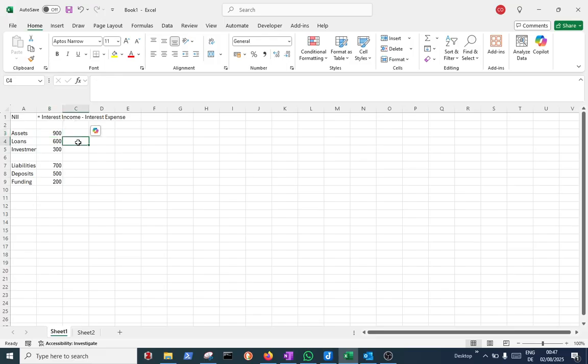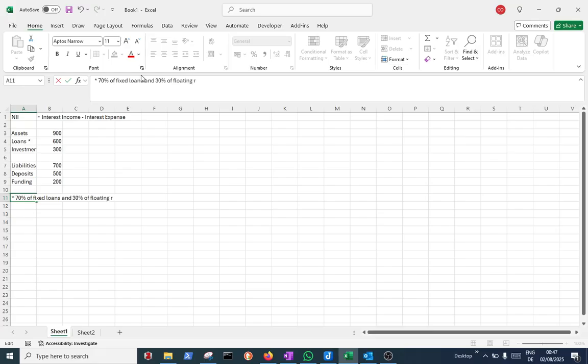So we will have, say, not necessarily 50%, let's make it 70% of fixed rate loans and 30% of floating rate loans. Voila.